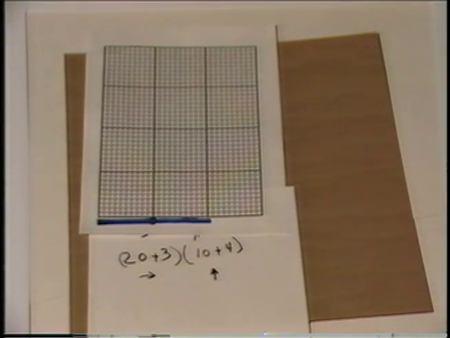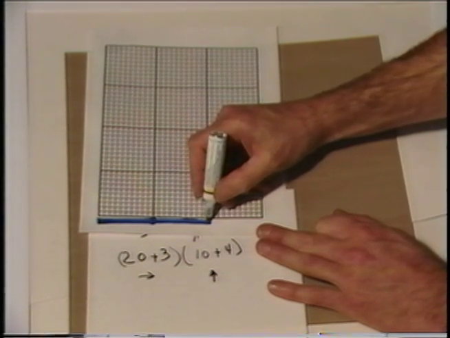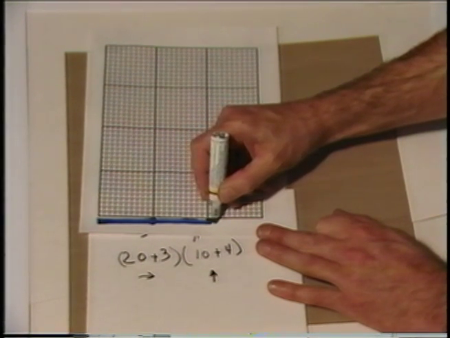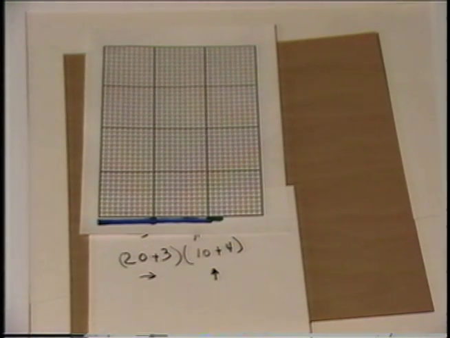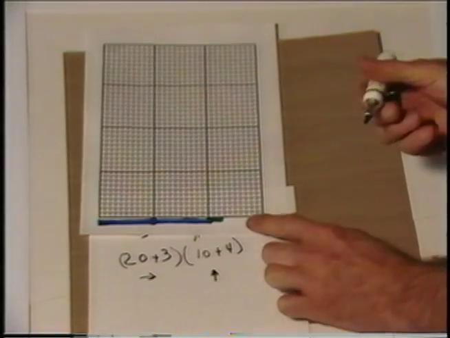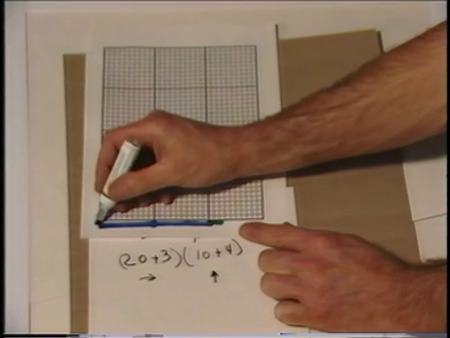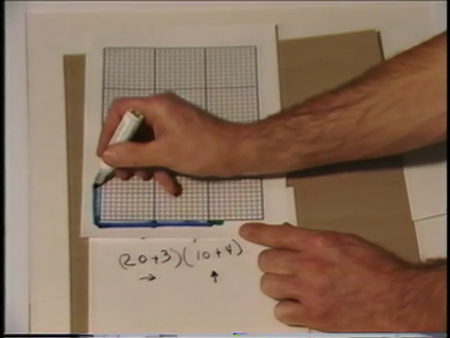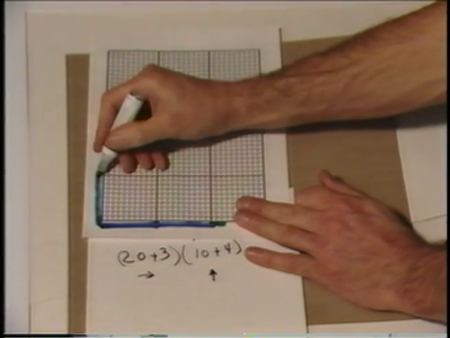We must be over 2 bars and 3 units. Okay. We must be up 1 bar of 10 and 4 units.